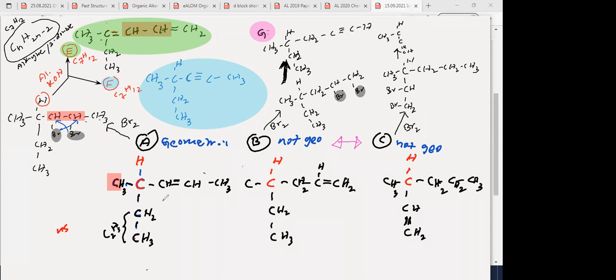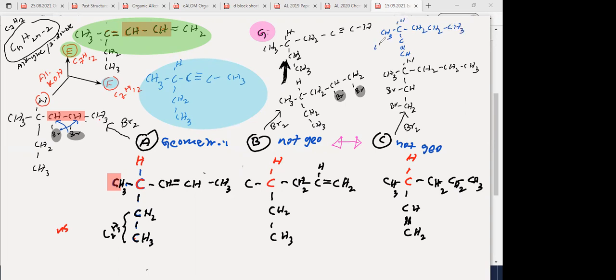I think there is not enough space to draw it, but anyway, I'll quickly draw it again. Get here C. I'll draw with a different color. C. Here this side CH3. Here you get carbon, triple bond, CH. And then this side you get CH2, CH2, CH3. And here you get hydrogen.